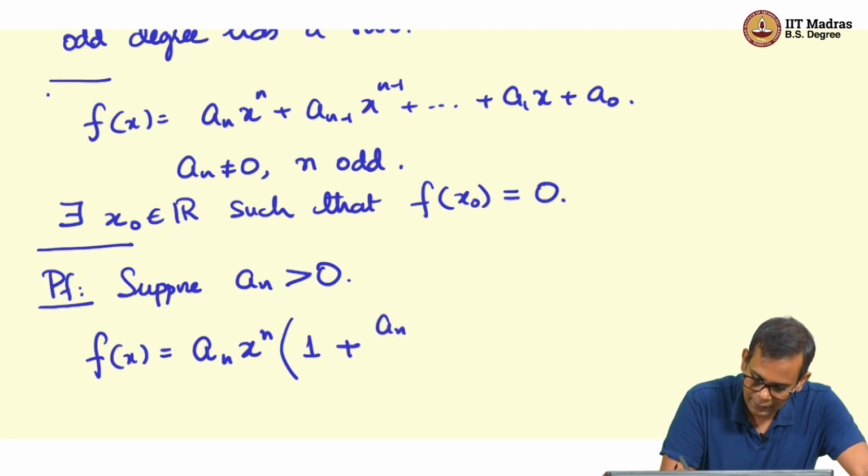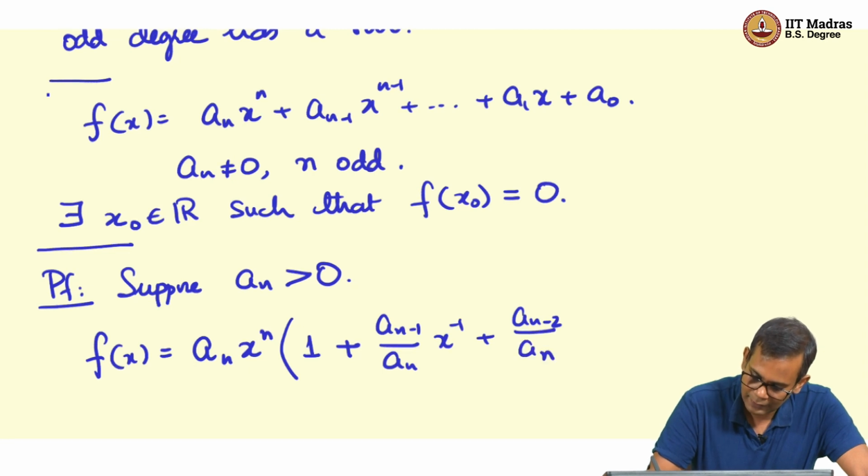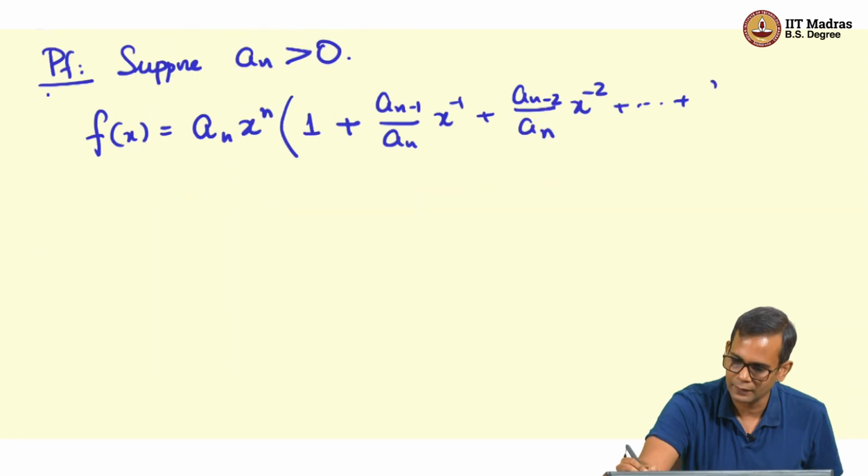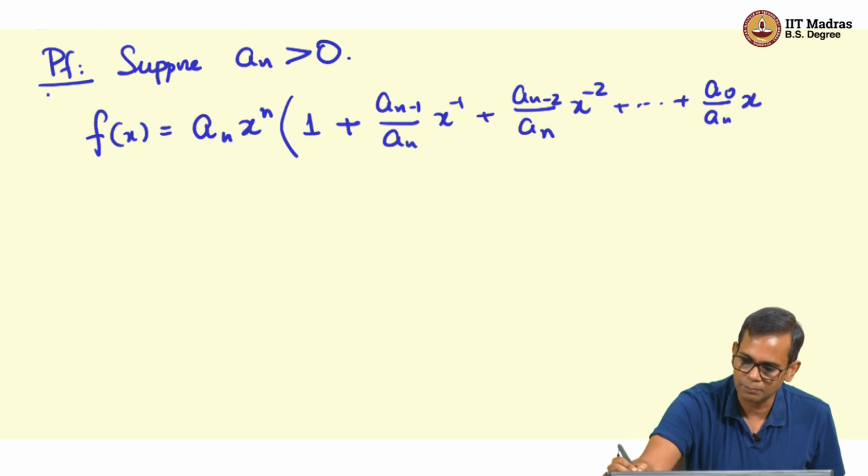So, I will get 1 plus a_{n-1} by a_n x^{-1} plus a_{n-2} by a_n x^{-2} plus ... plus a_0 by a_n x^{-n}.